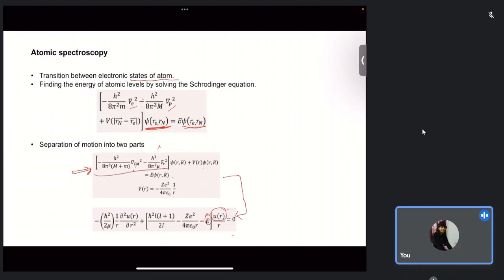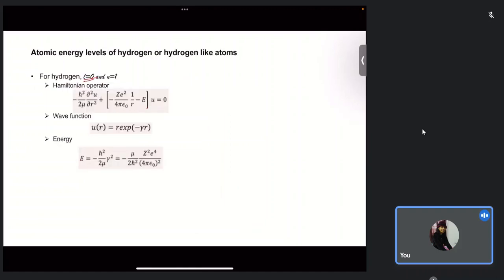I'm not deriving anything particularly. I'm just giving the equations that we have covered in the lectures. So for the hydrogen atom, L is going to be equal to 0 and N is going to be 1, because we are dealing with the 1s1 electronic configuration.